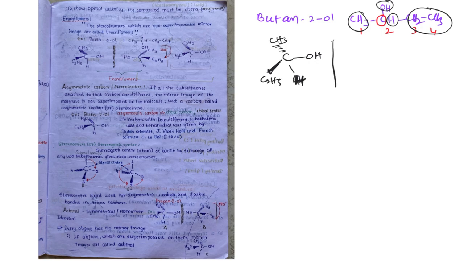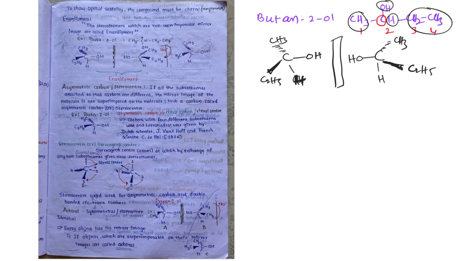So this is the mirror. In the mirror, which is near to the mirror appears first. Therefore OH, and this is away, and this is near to the observer, the C2H5 ethyl group, and this is hydrogen.